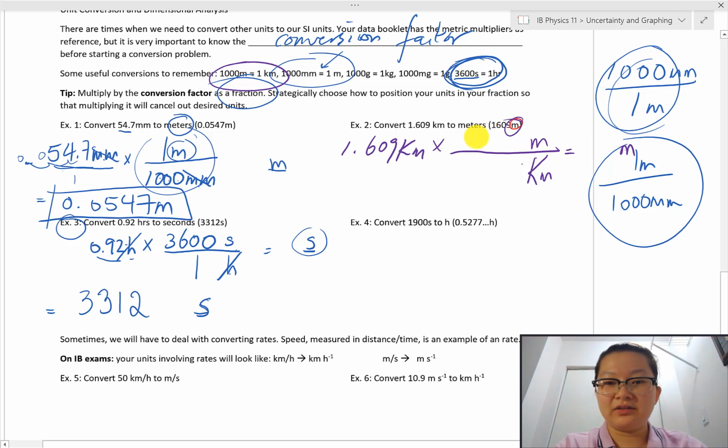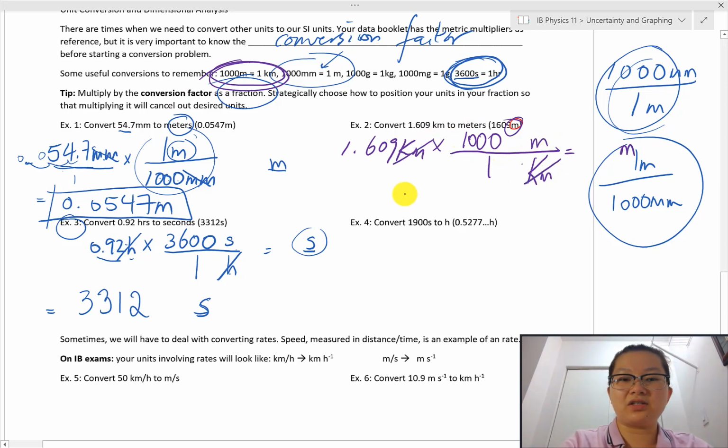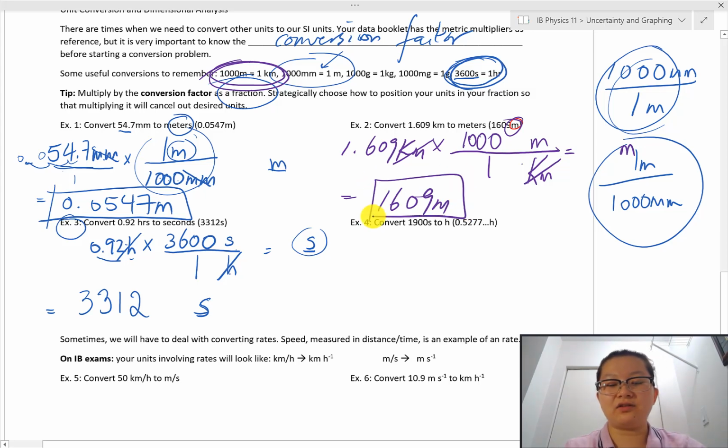We want the units meters. So we go to our conversion factor, which is right there. We have 1,000 meters per 1 kilometer. So then the kilometers cancel and we are left with the meters on top. So that is 1.609 times 1,000. We get 1,609 meters as our final answer.